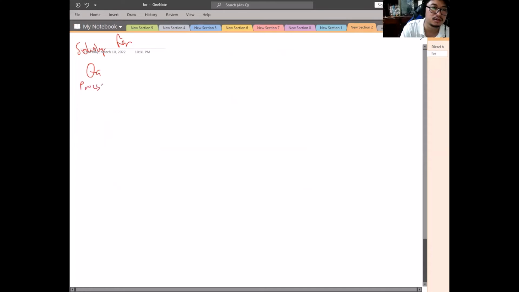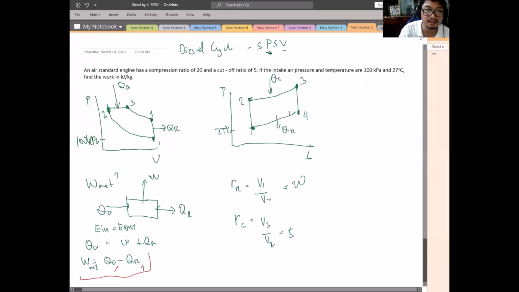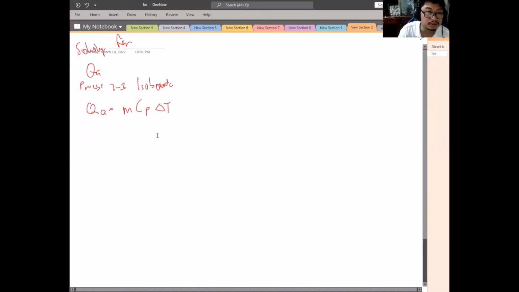The heat in an isobaric process is Q equals m Cp delta T, where delta T is from T3 to T2. So Q equals m Cp (T3 minus T2), our equation 1. First, let us find T2 and T3.